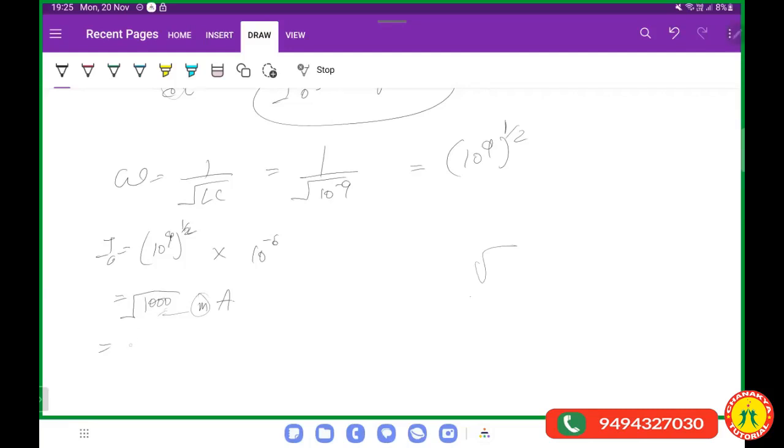So it is 10 to the power minus 3 also there. So 3.1 something into 10 to the power minus 2 ampere.